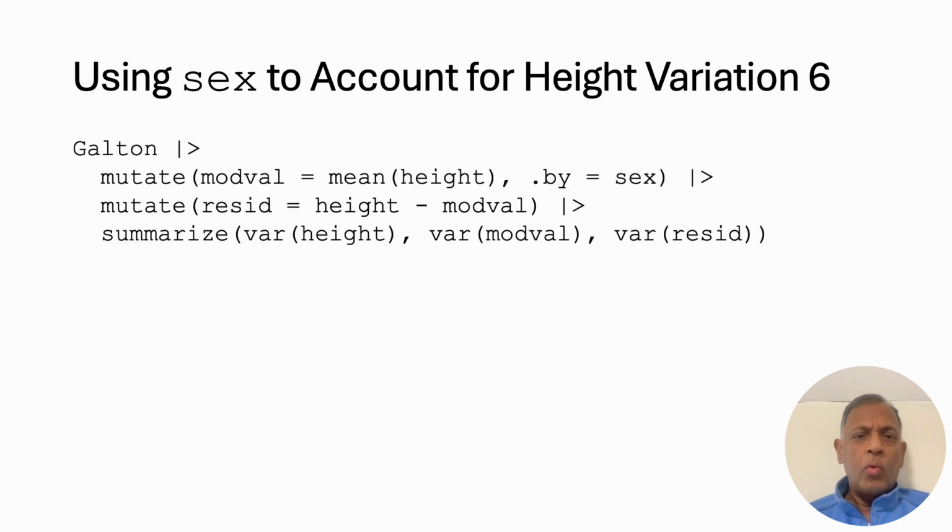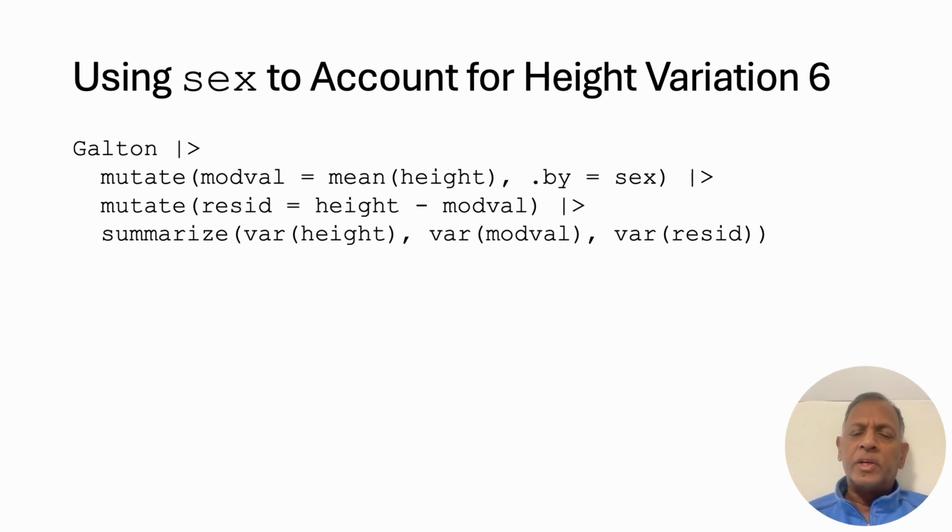Now let's see here. To our data frame, we are adding the model value just like before. Mod val is mean of height. And then we are adding another column called the residual. Residual is simply the response variable value height minus the model value.